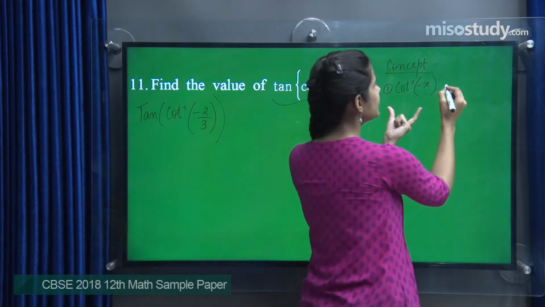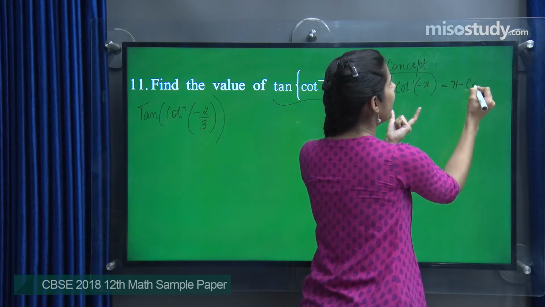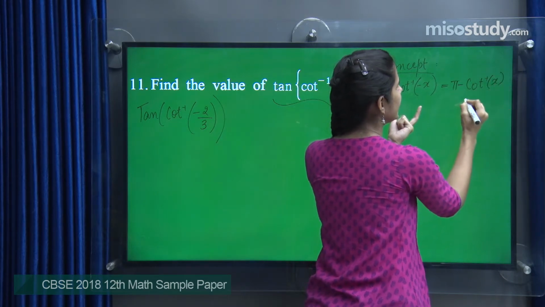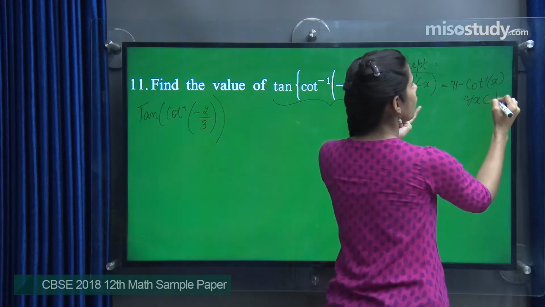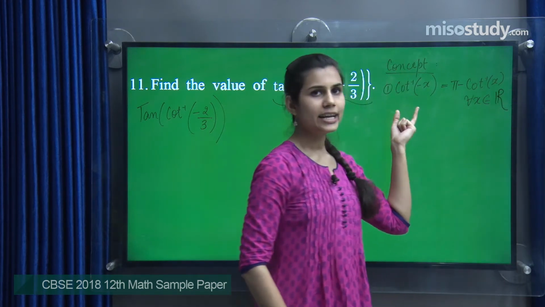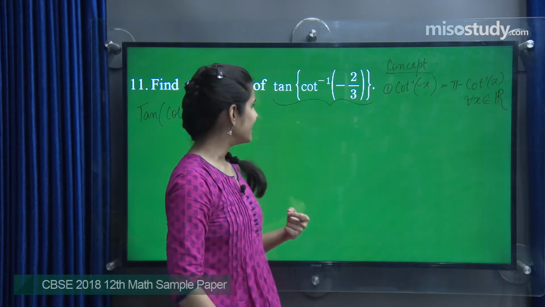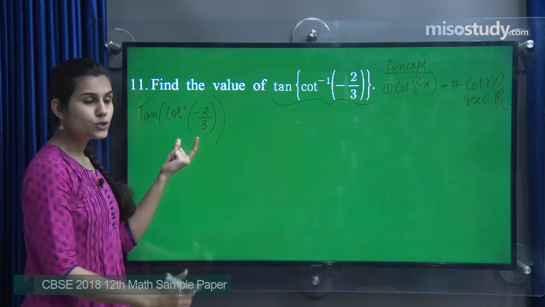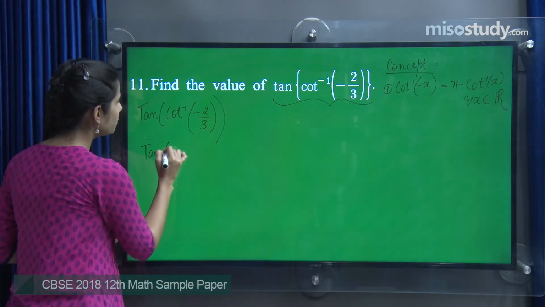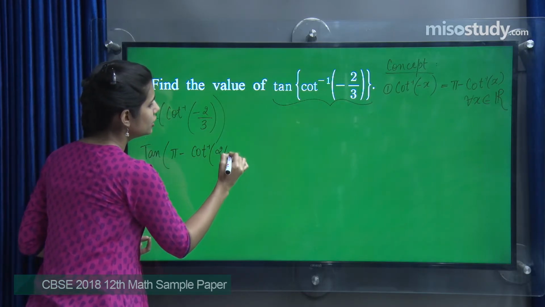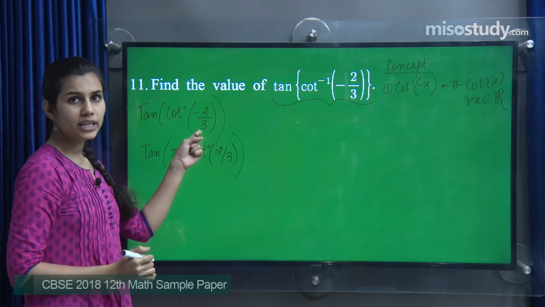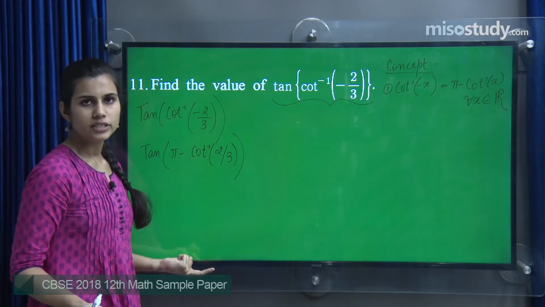Cot inverse of minus x is pi minus cot inverse x for every x belonging to the domain of cot inverse, which is the collection of all reals. And so cot inverse of minus 2 by 3 will turn out to be pi minus cot inverse 2 by 3, because 2 by 3 is very much a real number, obviously.